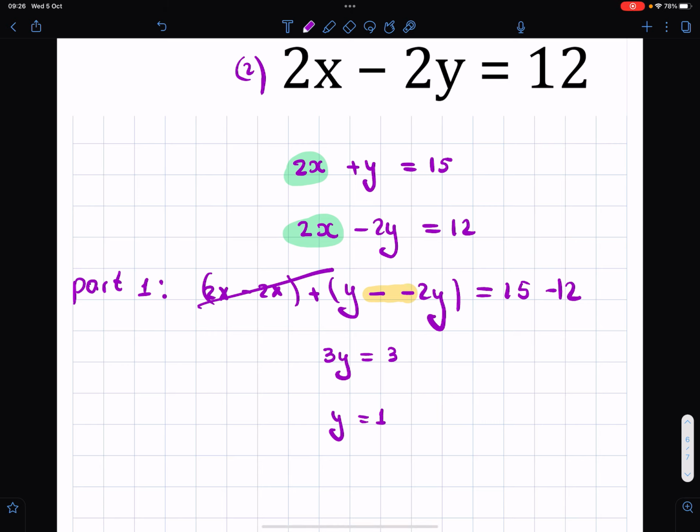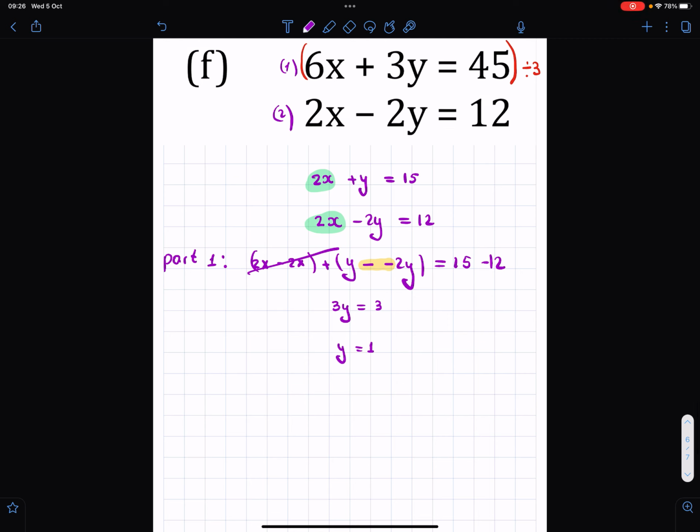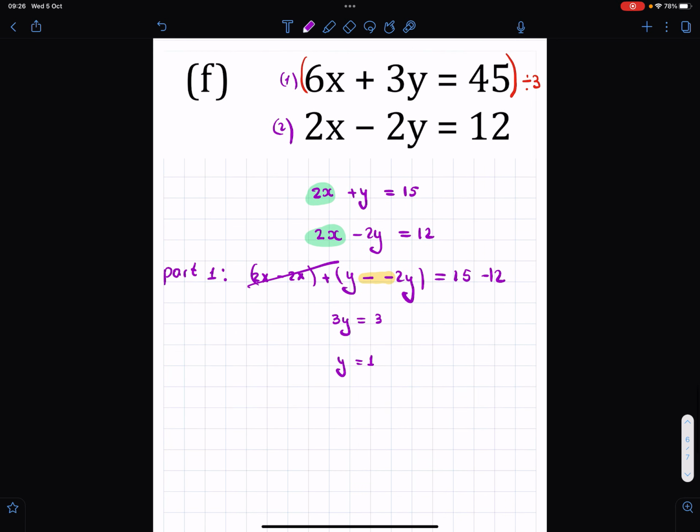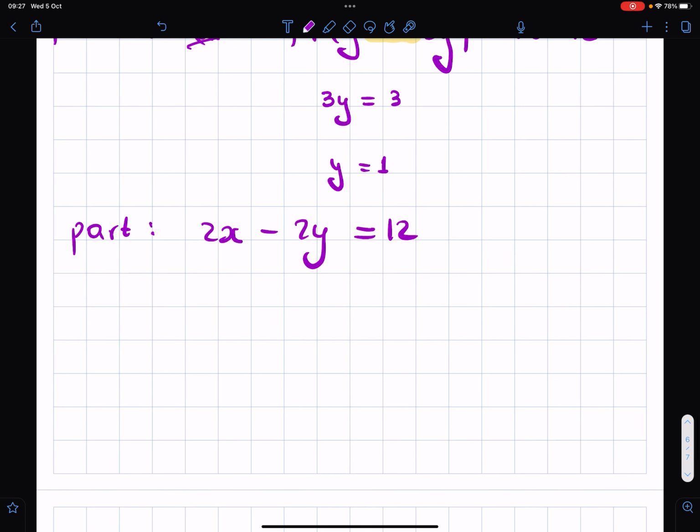Y is 1. Perfect. So if y is 1, I can take this and write it in either equation to find the value of x. So on part 2, I'm going to go with the second equation, 2x minus 2y equals 12. So I'm going to write 2x minus, instead of y, 1, equals 12.